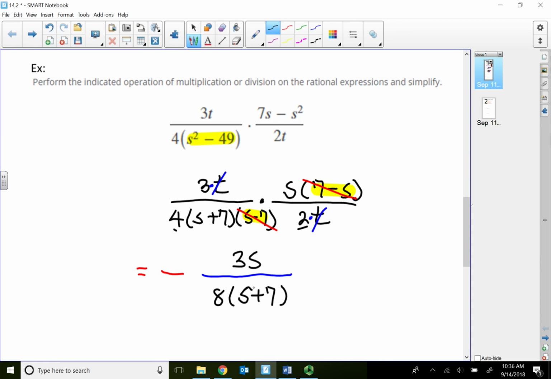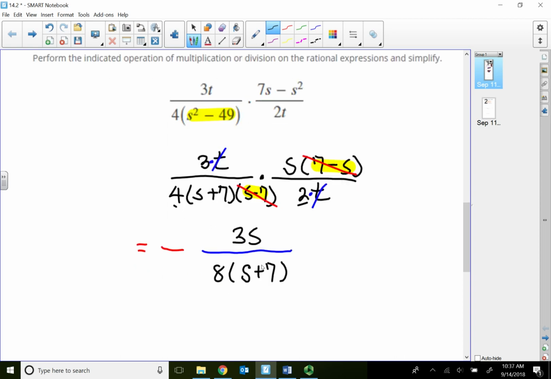Since I'm not going to multiply these two terms by 8, I'm just gonna keep my s plus 7 in the parenthesis. Okay, so that's your answer. Negative 3s over 8 times s plus 7. So I don't have to do my distribution every time. I can just write them in factor form. That will suffice.